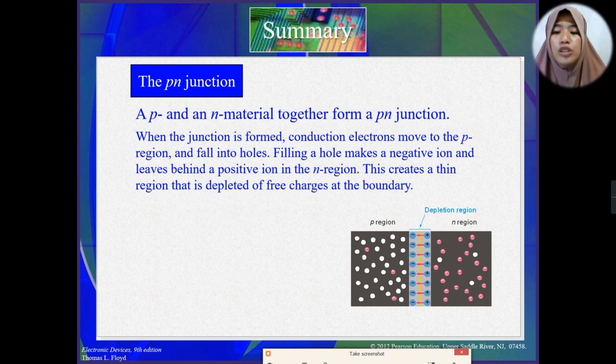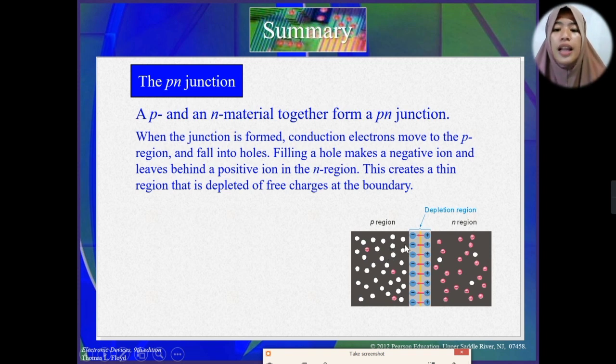As the electrons are lost, in the P region the holes are going to be lost. As the electrons move, the holes in the P region are lost.